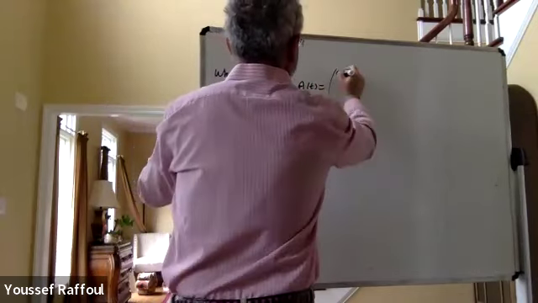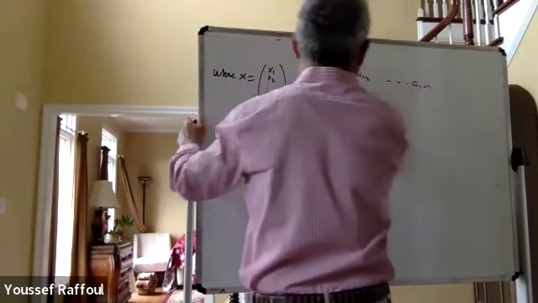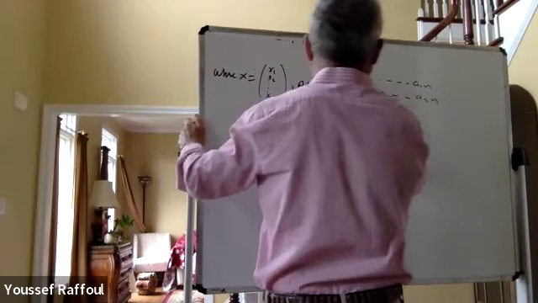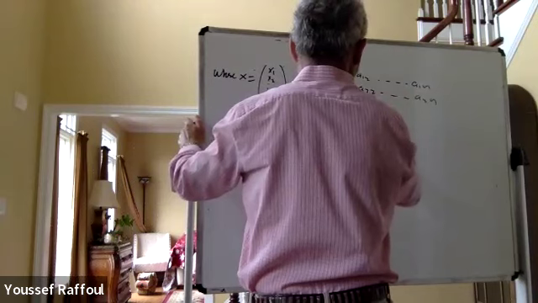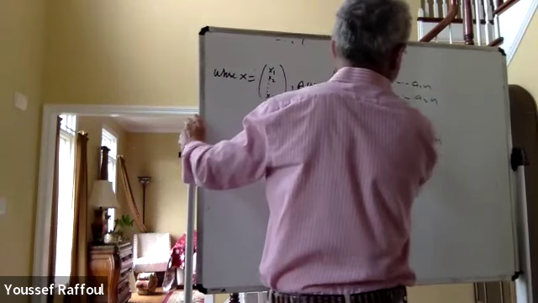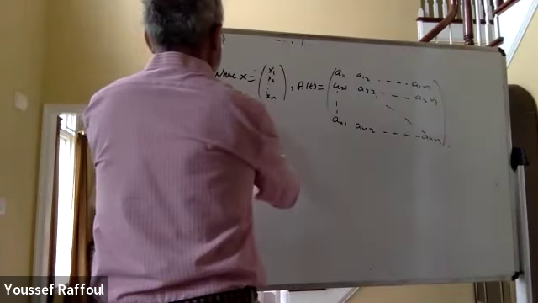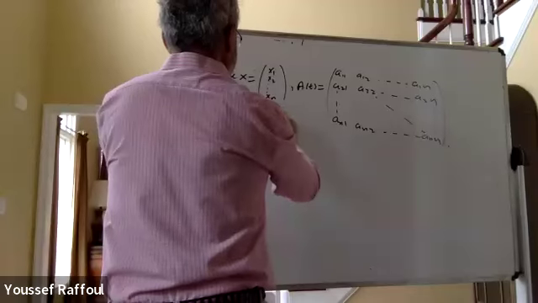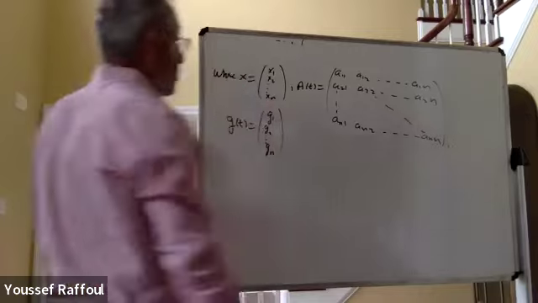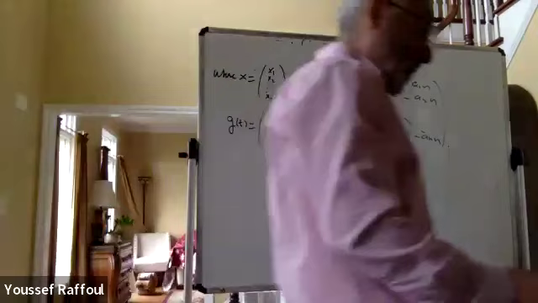A(t) is a11, a12, a1n, a21, a22, a2n, an1, an2, ann. Okay, and g(t) is g1, g2 to gn. Okay, so this is called a non-homogeneous system.